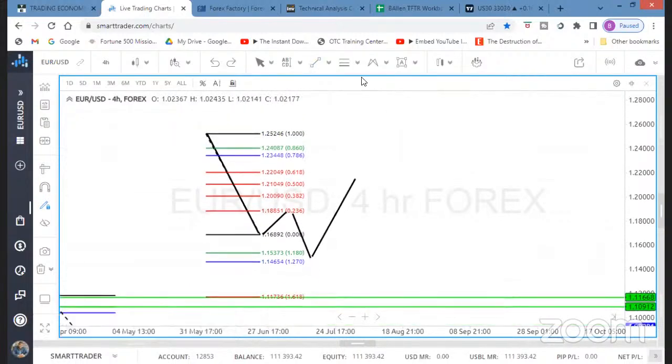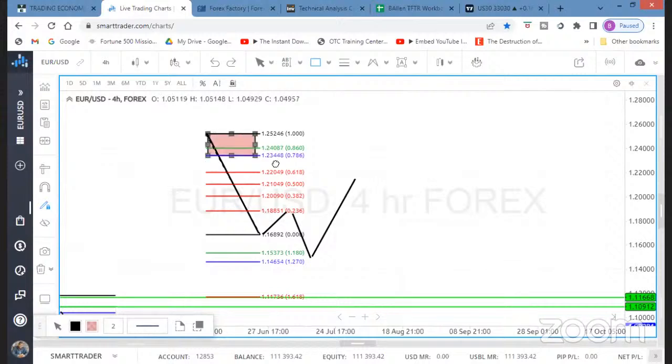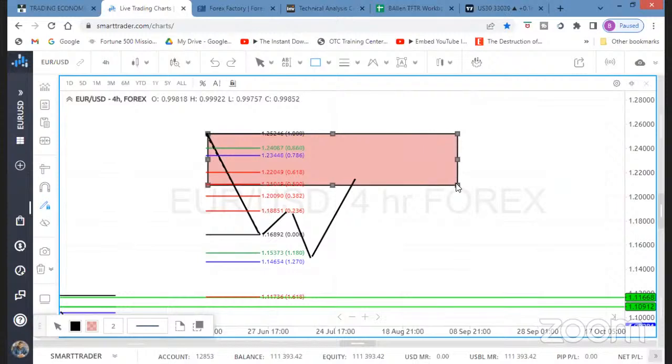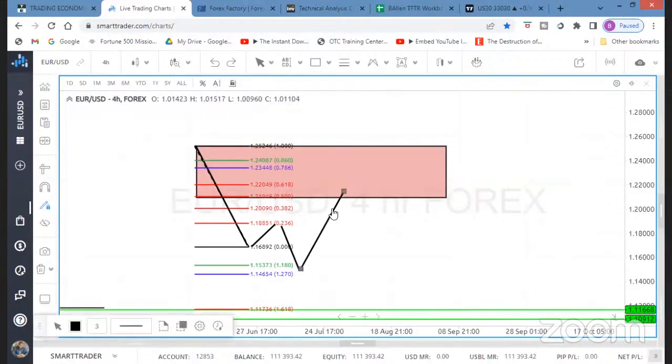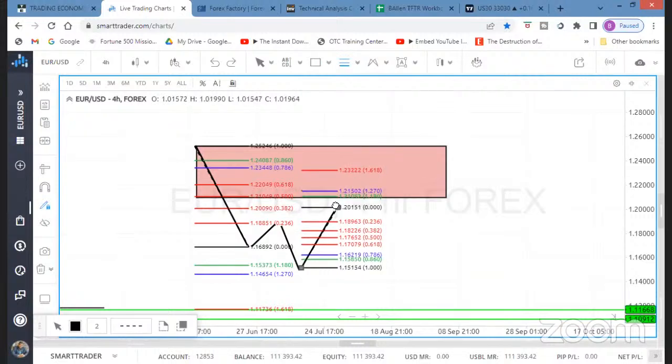So it'll come into your sell zone, like so. It'll do something like this, and it may move and form a high like that.